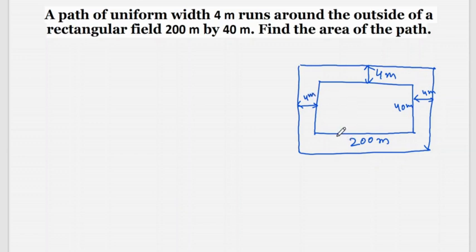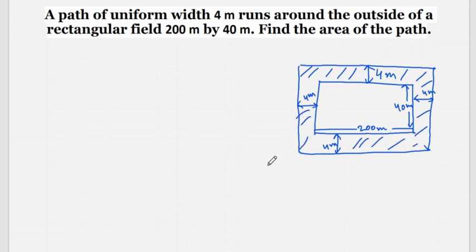4 meter. This is your rectangular park. Now we have to find the area of the path. That means we have to find the area of this shaded portion.